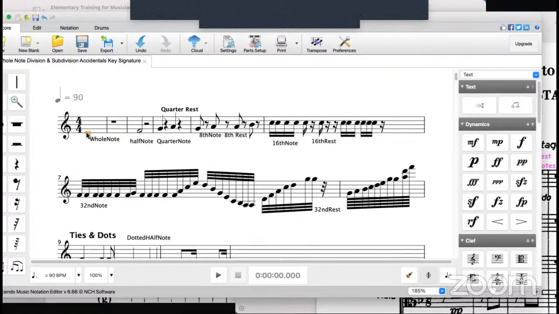So four quarter notes is equal to one whole note. Two half notes is equal to one whole note. Eight eighth notes is equal to one whole note. So here I'm going to put it at 90 BPM. 2, 3, 4.